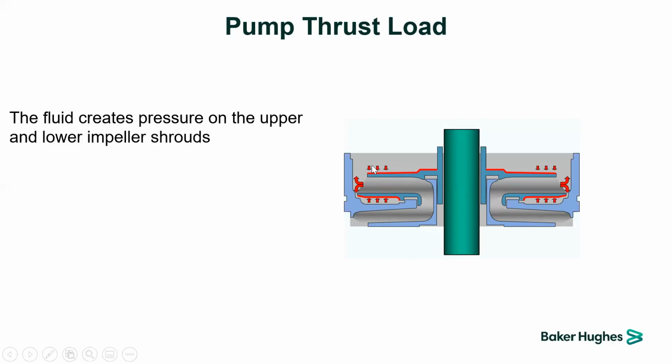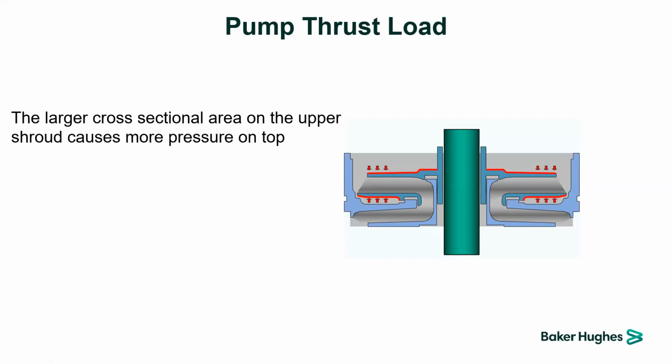So when the circulation force on the upper and lower shroud is almost equal, or the upper is a little bit higher, the pump will be running in the normal operating condition. But because of the larger cross-sectional area on the upper shroud, the impeller will be moved down. Is that clear?